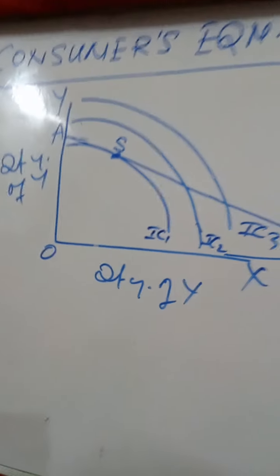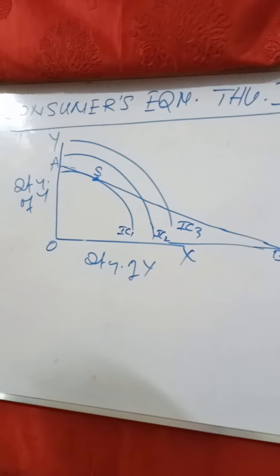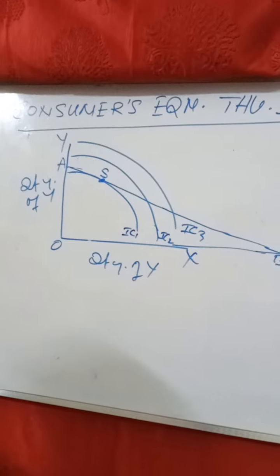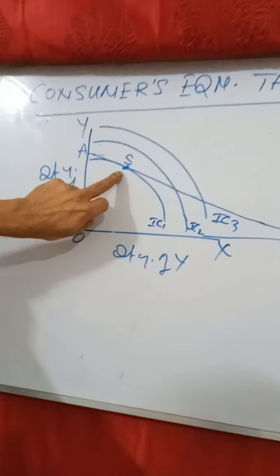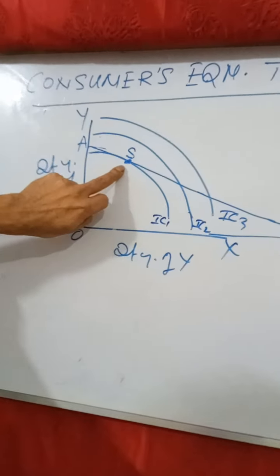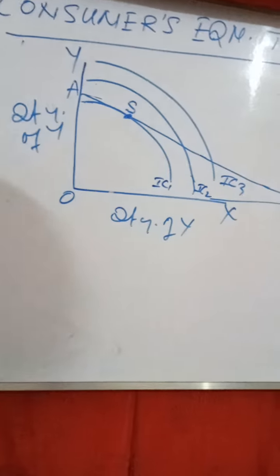So AB is the budget line that is tangent to IC1 at point, say, S. Now, the first condition, that the budget line must be tangent to the indifference curve, is satisfied at this point, because at this point IC1 is tangent to the budget line. But watch very carefully.